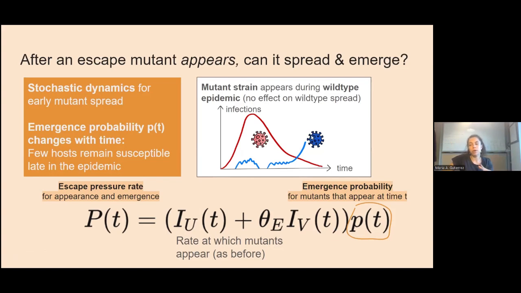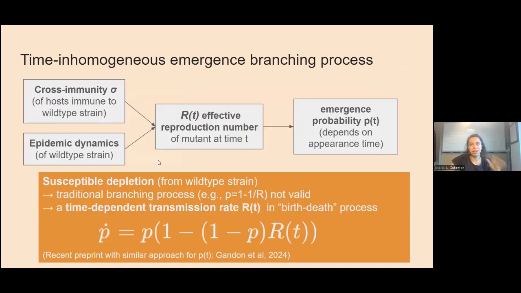And I'm not modeling the longer term invasion dynamics. I'm not looking at coexistence or replacement of the original strain. I'm just looking at the probability that it moves on to this phase of exponential growth and survives to this early spread phase. So to calculate that probability, we need a bunch of ingredients.